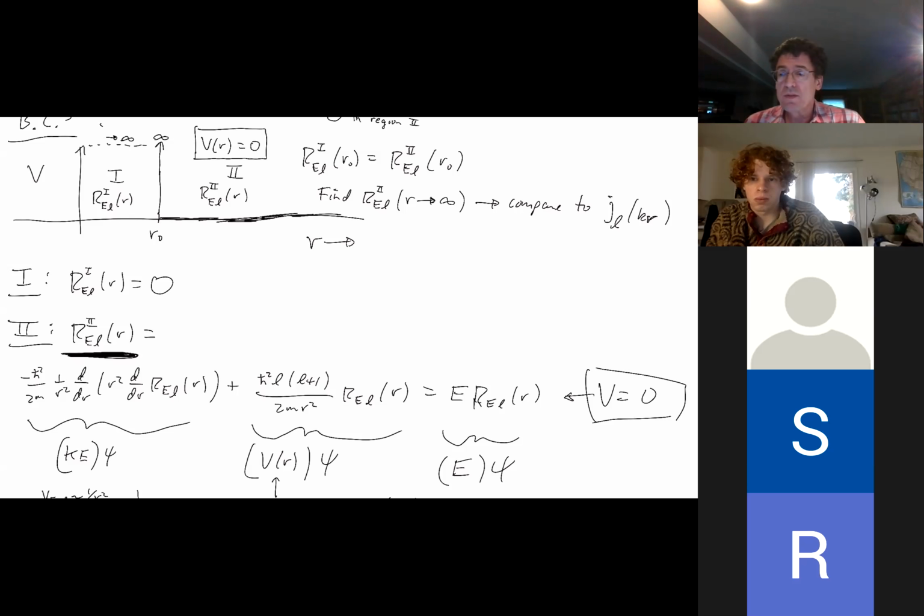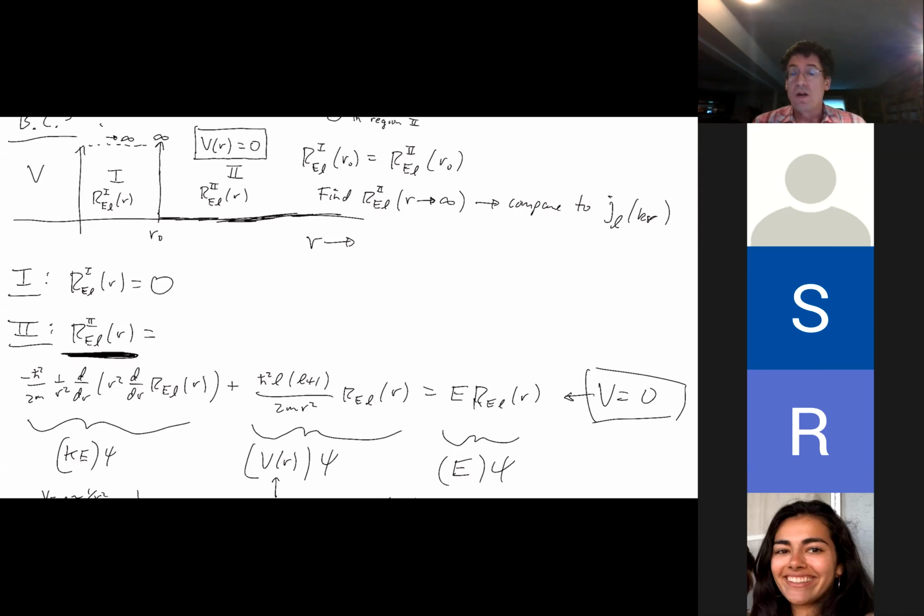Well, part of the answer should be really simple, because the particle is a free particle in region 2. What is the wave function of a free particle? A plane wave? Well, in spherical coordinates, what is the solution? A spherical wave. Exactly.